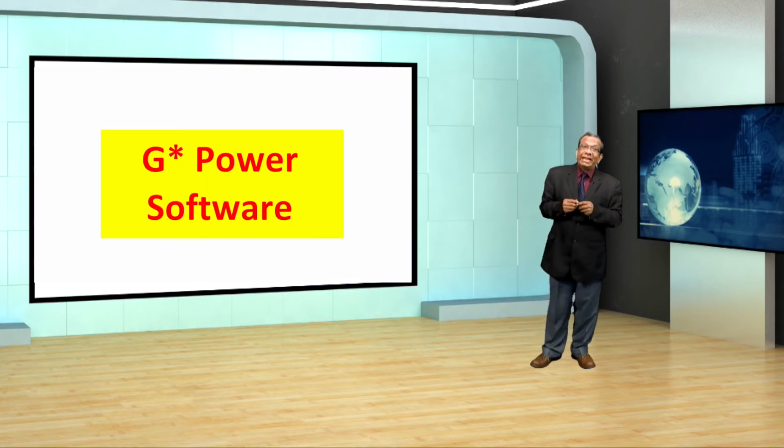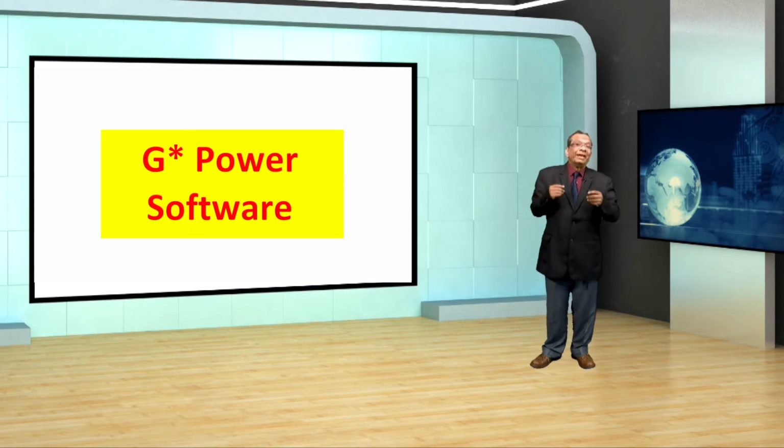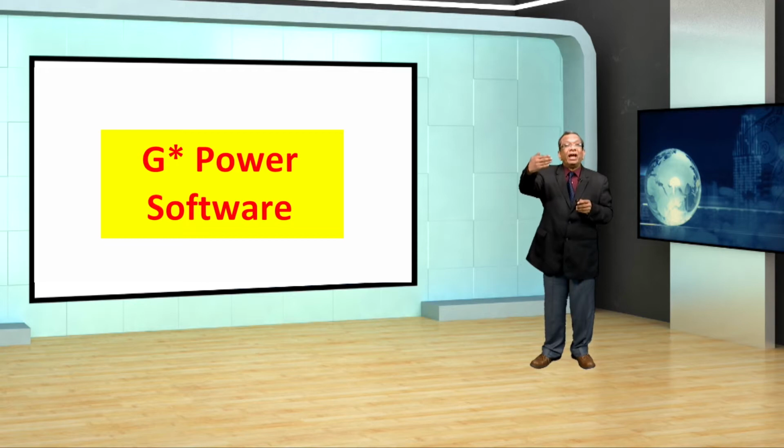We will be going through the software G power and will work on the problems, and then you will find how exactly you can find the power as well as effect size and reporting them in your human resources reporting.